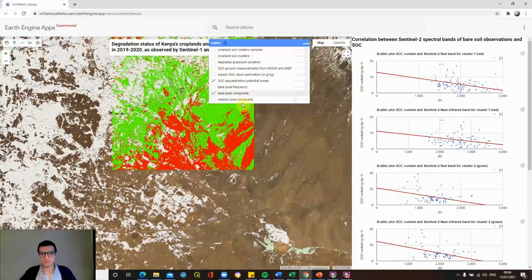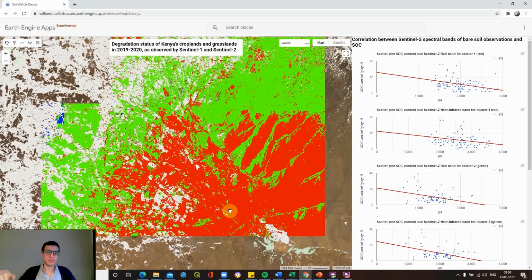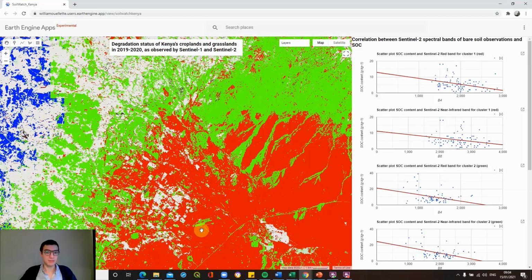And here you see that the generation of sequestration potential zones is also at the equivalent resolution to the imagery, which means you can really have a very fine-grained analysis on where you want to establish a project that aims to sequester carbon and generate carbon credits.